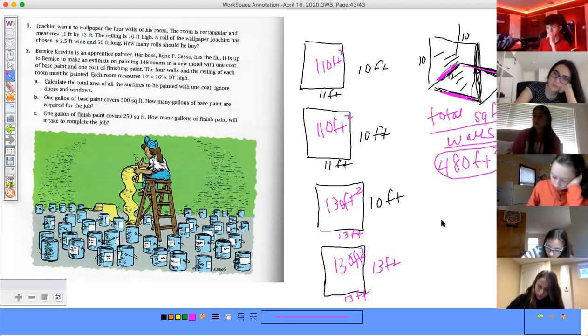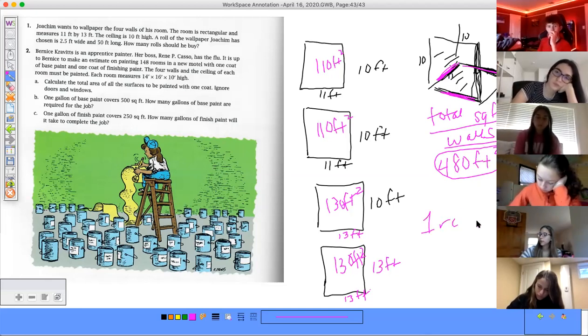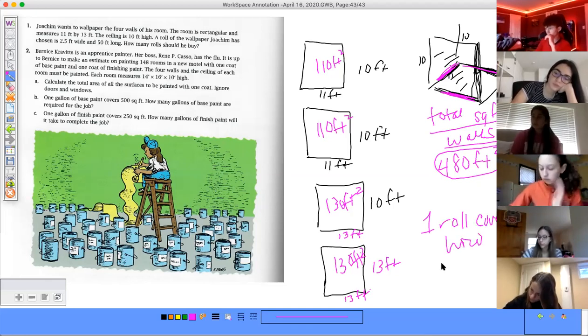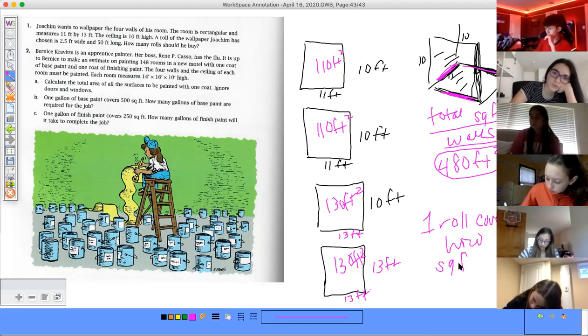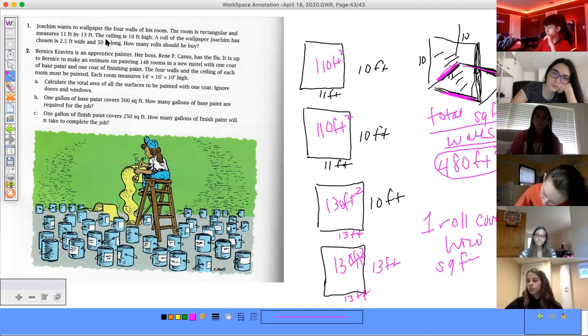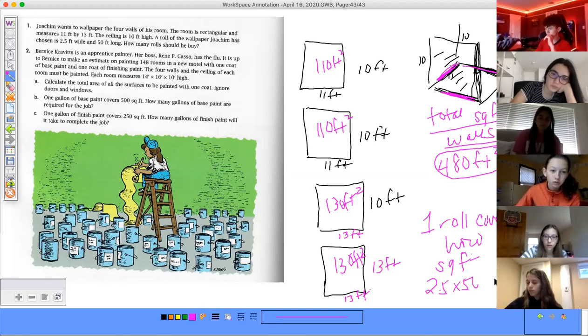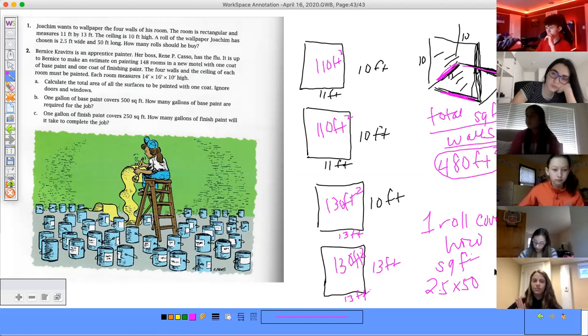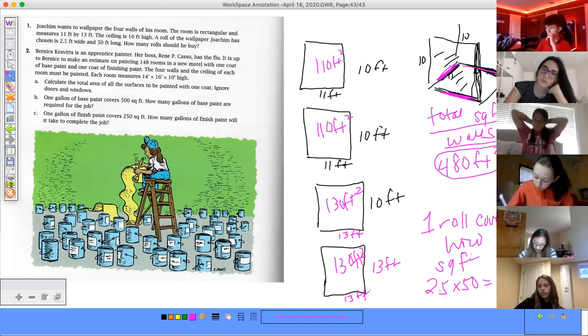One roll covers how many square feet? 2.5 times 50 is 125. So one roll is going to cover 125 square feet, right?